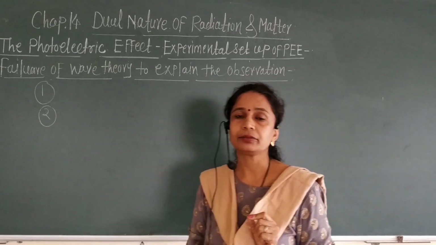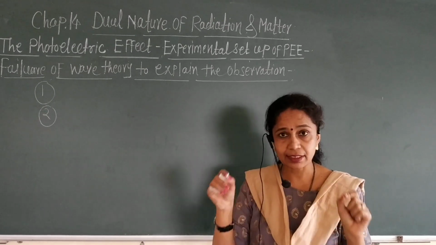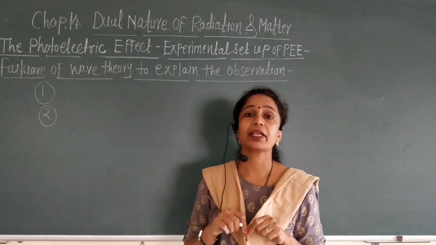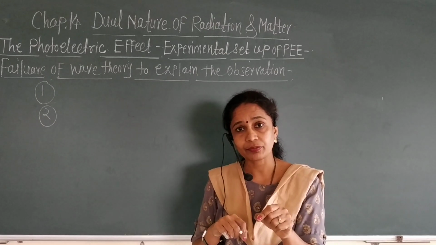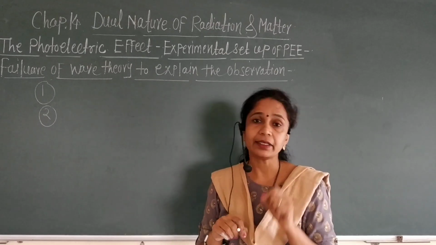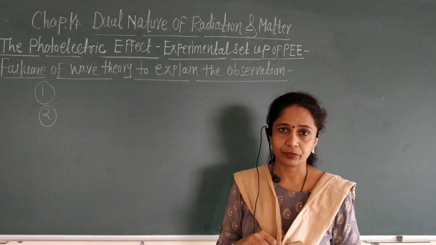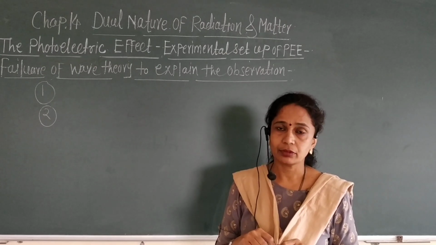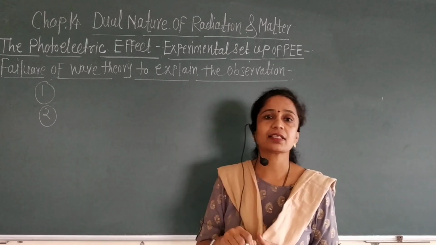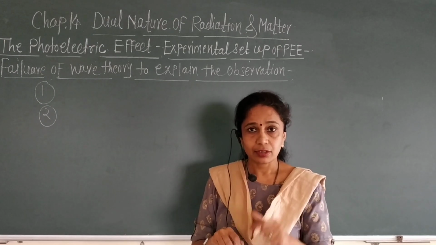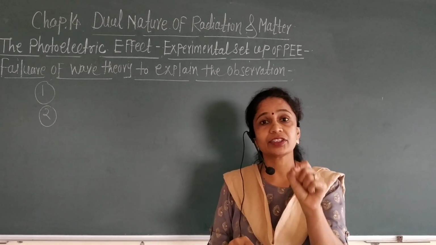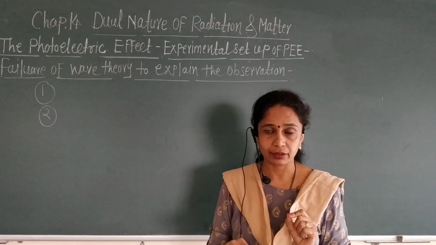You know that the metal surface consists of free electrons, but these free electrons are inside the metal. If you want to release these electrons, some amount of energy is required.